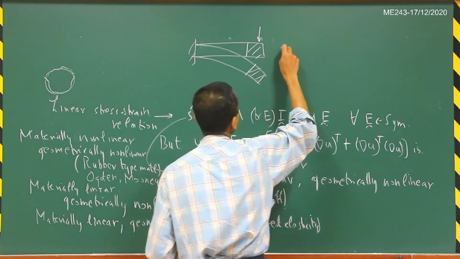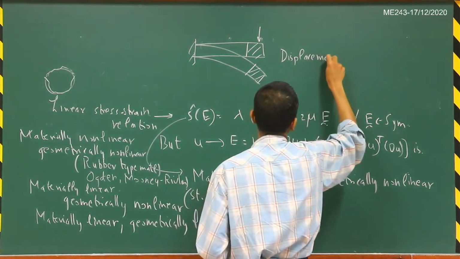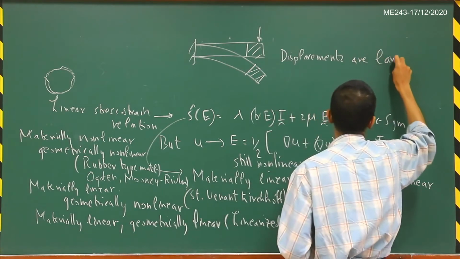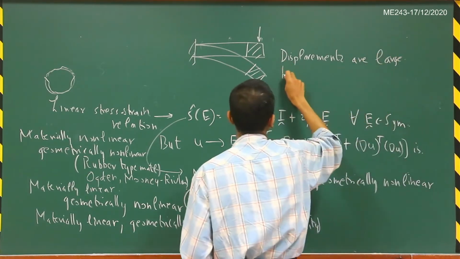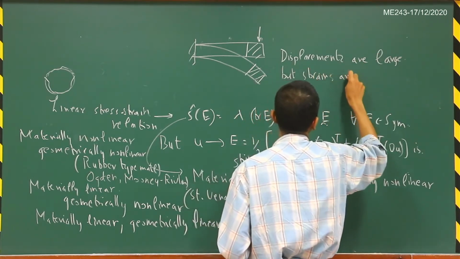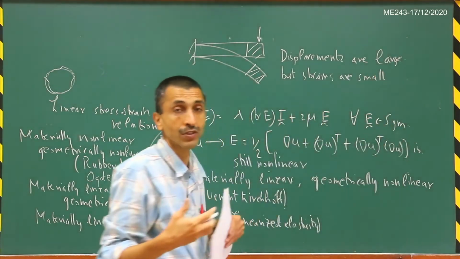So basically the displacements are large, but strains are small. This kind of situation can happen, right?